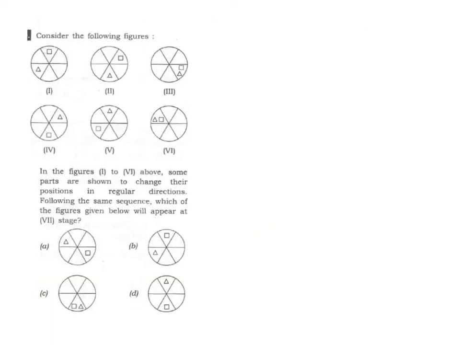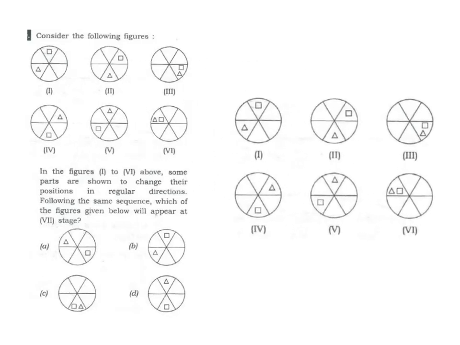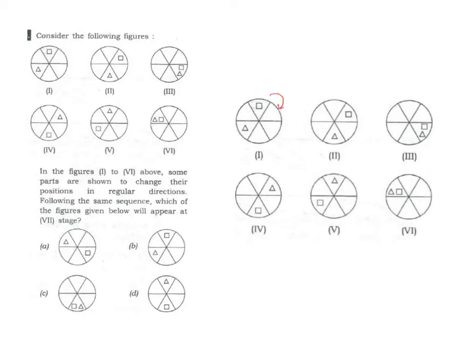Consider the following figures. In the figures 1 to 6 above, some parts are shown to change their positions in a regular direction. Following the same sequence, which of the figures given below appears at the 7th stage? So let me copy this. Now observe these 6 figures. First look at the square. The square is moving in the clockwise direction every time.